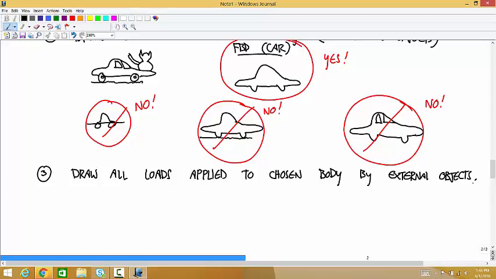That's lucky that we only have to deal with the external objects, because if you think of this as, like you said, a bunch of wheels and a bunch of windows and a bunch of whatever, each of those things applies forces back and forth to each other. We'd be here all day. And if you think of it as a collection of atoms with subatomic particles, and you're going to try to draw all those forces in, good luck getting physics done. But the only thing we care about are the forces that are applied to the chosen object by the outside world. Okay.